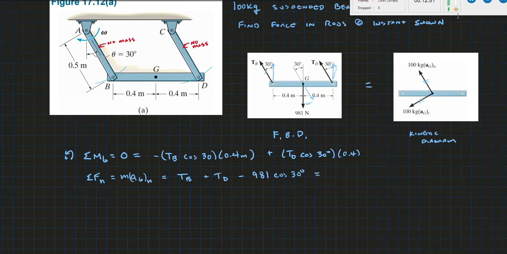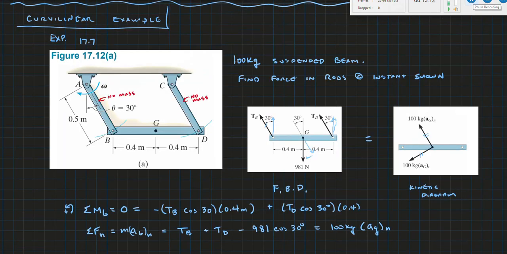And then all of this equals mass again, 100 kilograms, times our normal acceleration.